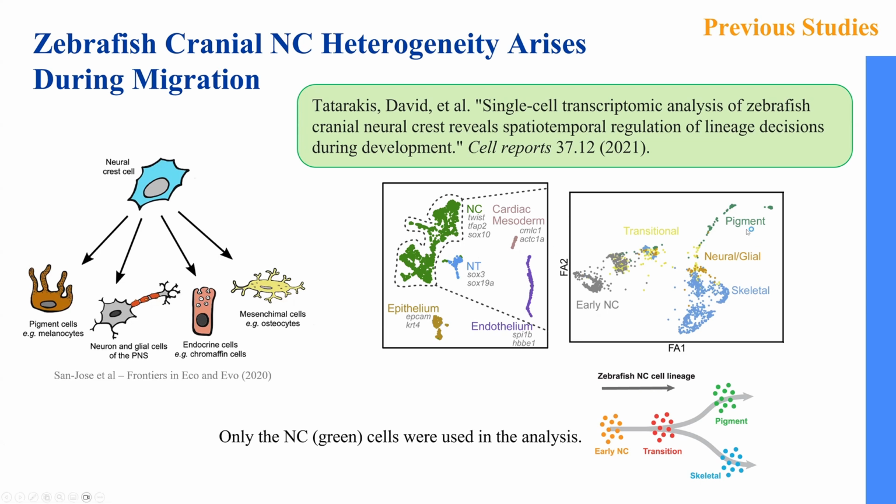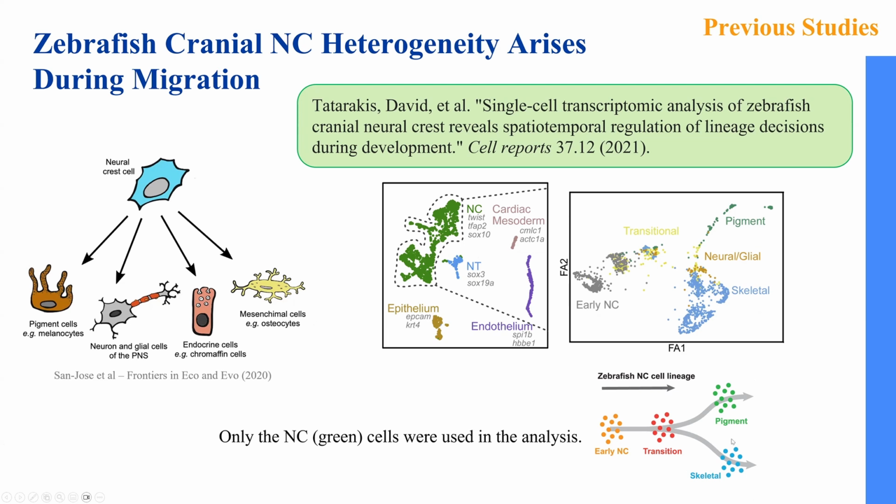In their analysis, they identified different clusters that may differentiate from the early neural cluster cells. The lineage is shown at the bottom as the early neural cluster cells, then moving to temporary transition cells, and then later differentiating into cells.